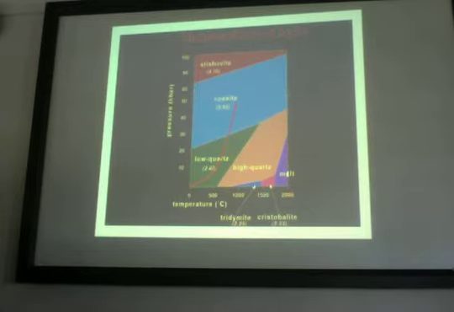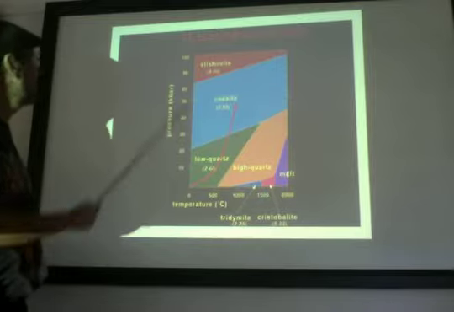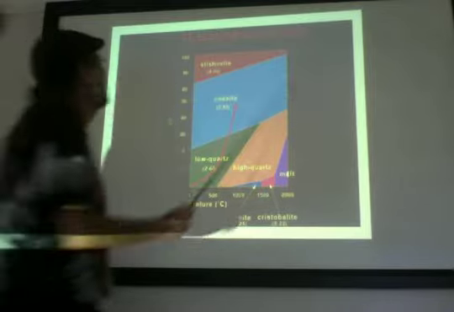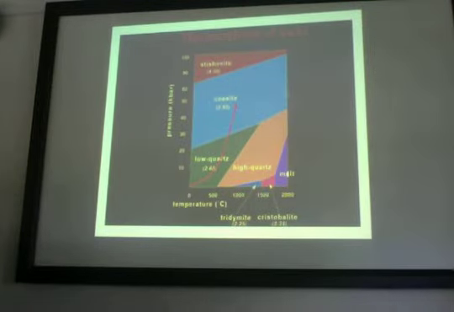So this phase diagram, the most famous or most used phase diagram, always uses temperature and pressure. Here in this phase diagram, we now have the quartz varieties.